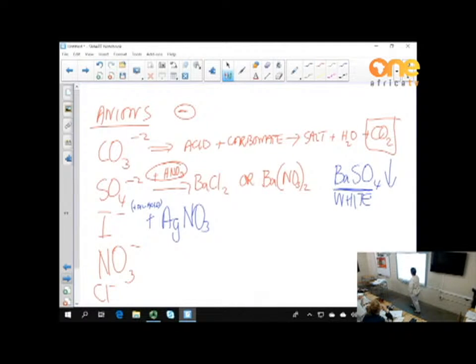All chlorides, bromides, iodides are soluble except those of silver, lead, and mercury. So this reaction is going to produce silver iodide.